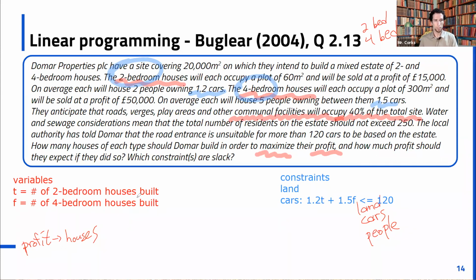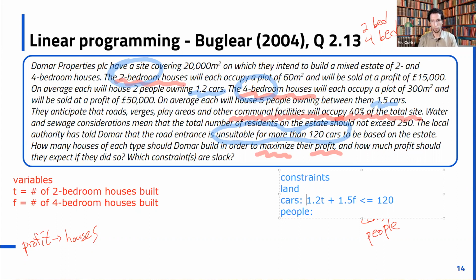So 1.2 times T plus 1.5 times F, and we have said that there cannot be more than 120. So 120 is okay, less than 120 is okay, but more than that is not. So that seems like it works with our constraint here.